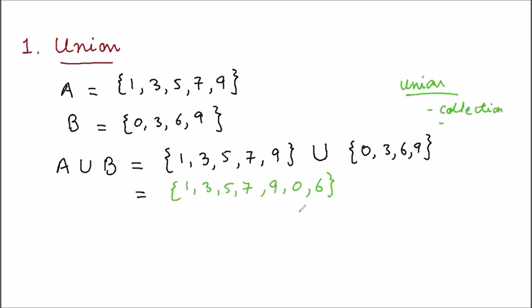Because 3 and 9 are in both the sets, so we will not repeat them. That is, we will not write these 3 two times. We will write only one time. You write all the elements which are in both the sets, but you will write once.